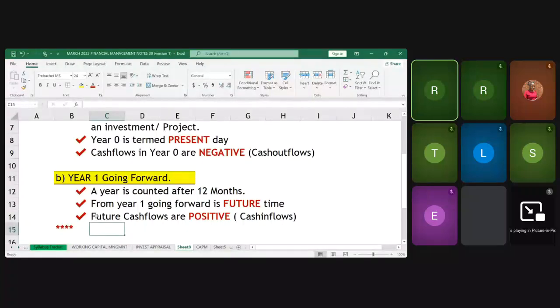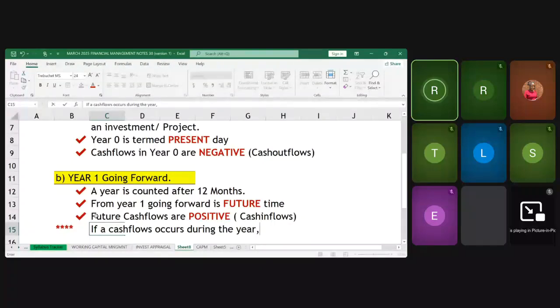What is it that we should understand? If a cash flow occurs during the year, for example, we have started our project on 1 January 2026, and probably today, 17 June, we realize a cash inflow.